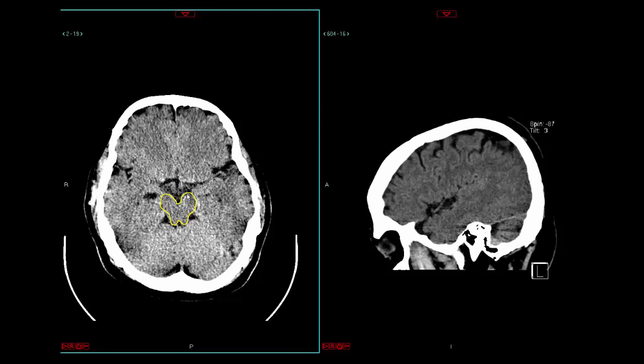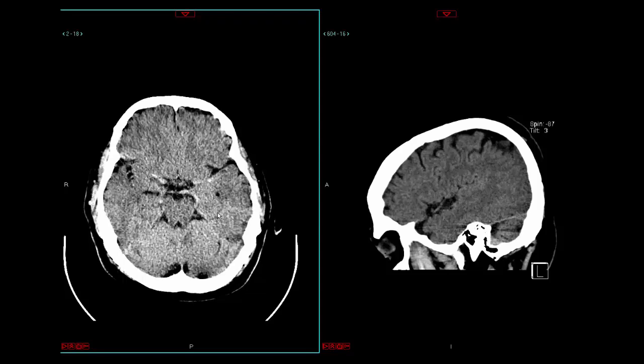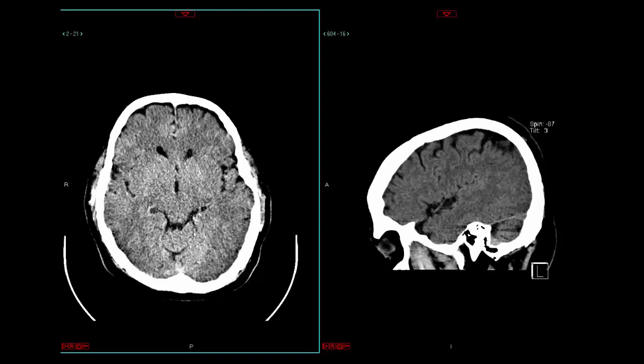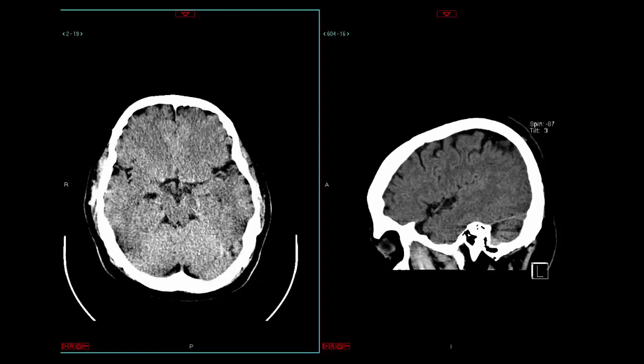A couple other structures you can appreciate is the tentorium opening up for you there. Again, if I scroll back and forth, we see that tentorium opening up into the cerebellar vermis, ultimately into the cerebellar hemispheres. But again, at the level of the midbrain, you're at the middle temporal gyrus.